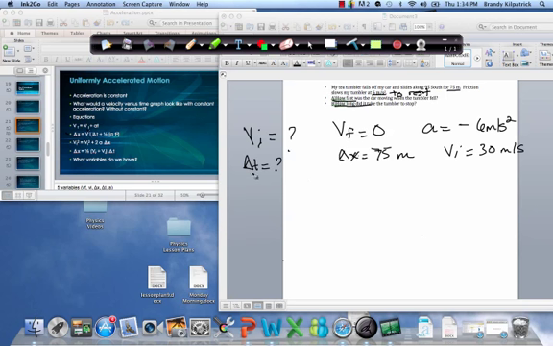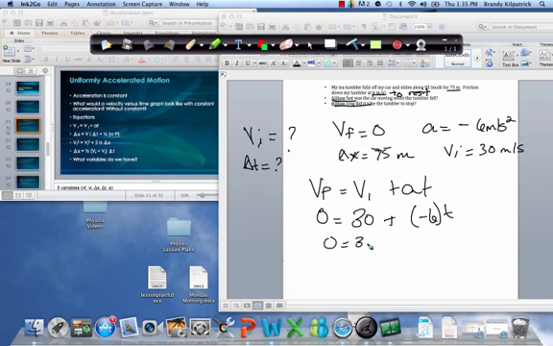So I can use the first equation here. VF is equal to 0. VI is equal to 30. Acceleration is going to be -6. The time is unknown. So now I have 0 is equal to 30 plus -6t.